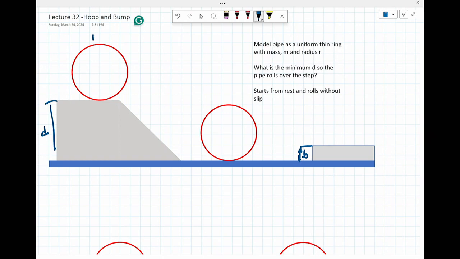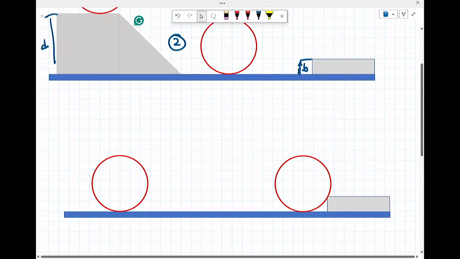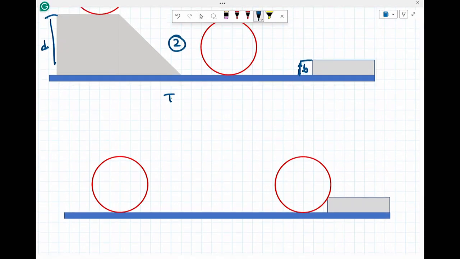So it starts at 1, it ends up at 2. Let's do this. And so from 1 to 2, I'm going to do it here so I don't have to redraw it. T1 plus V1 equals T2 plus V2.